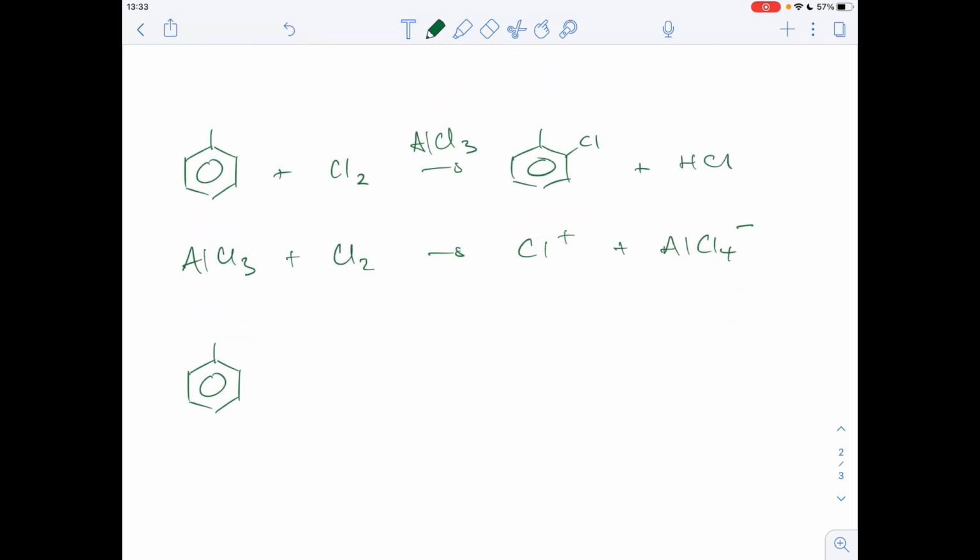So the next part of the mechanism, we take the methyl benzene and the electrophile we've just made, and a pair of electrons come from the pi electron cloud. So it's really important that you take them from the circle and not the hexagon. And remember we're making the 2-chloro product, so I need my intermediate to have the methyl group there.